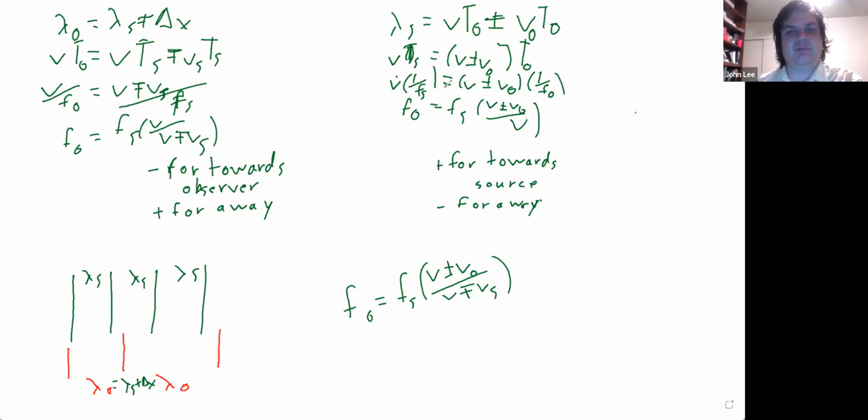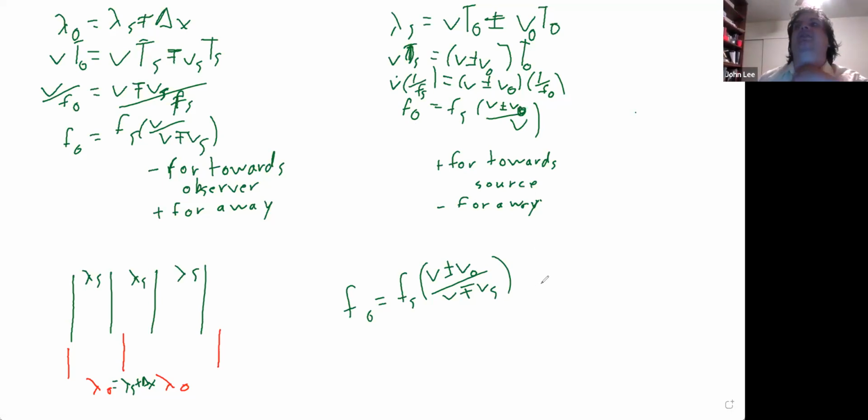So V times 1 over F source equals V plus or minus V observer over 1 over F observer. So what the observer sees is Fs times V plus or minus V observer over V.